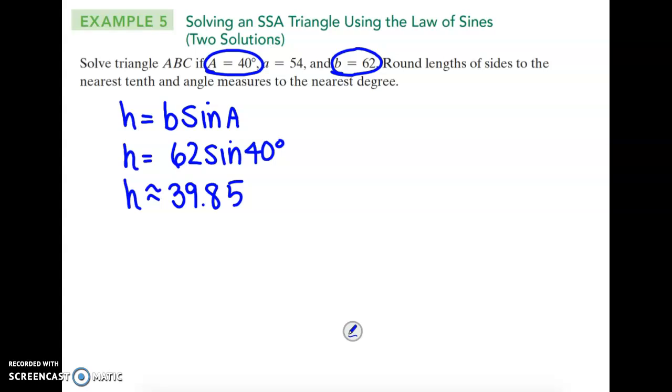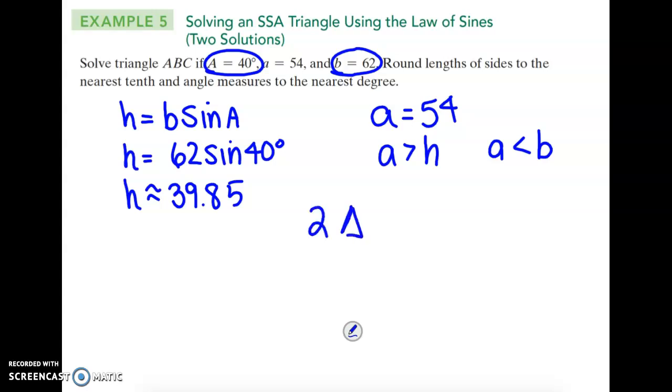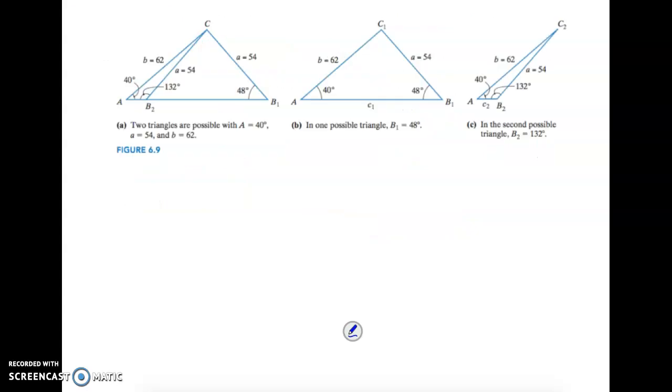Our A value, which is 54, is greater than the height. Also, your A value is less than your B. So we're going to have two triangles existing. Go ahead to the next slide.